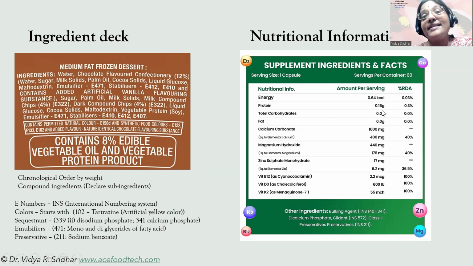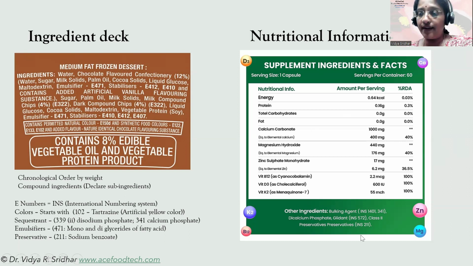So what it says is, in one capsule, I have about 0.16 grams of protein, or 400 milligrams of calcium. Then they will also say how many servings per container. This particular bottle has 60 servings per container, so there are 60 capsules.